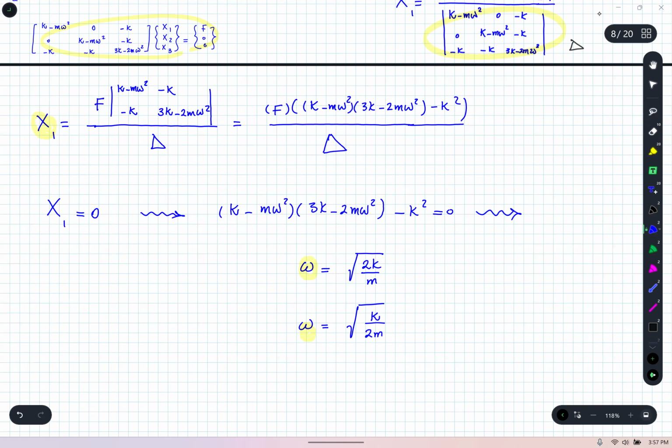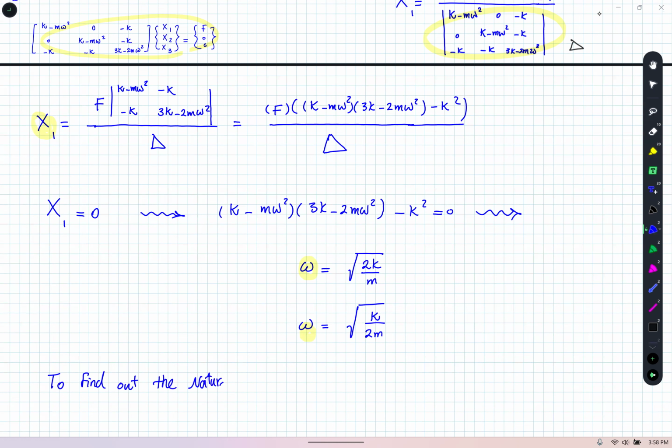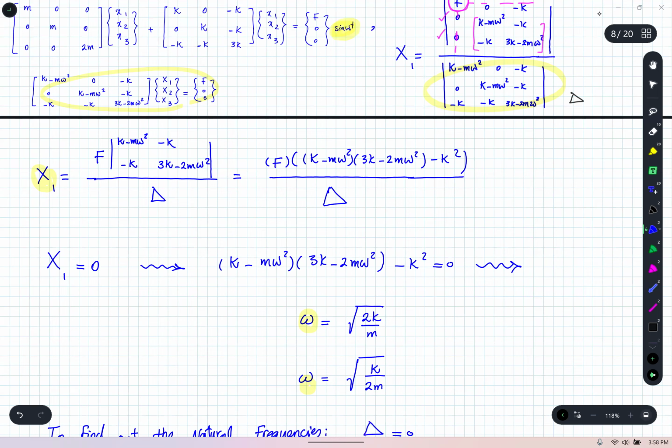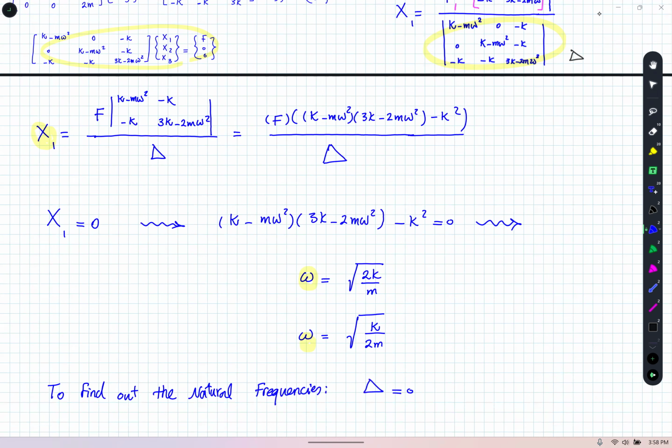Remember, if you want to find out the natural frequencies of this system, you just need to set delta equal to 0, the one in the denominator. So at these two frequencies, x1 is 0.